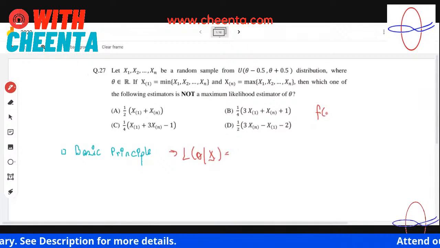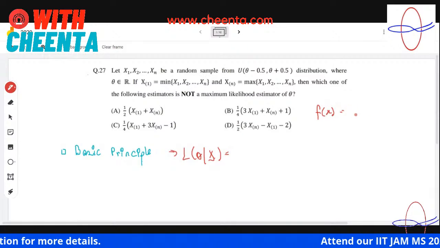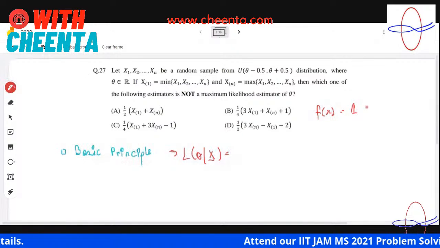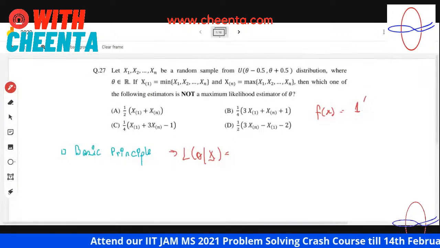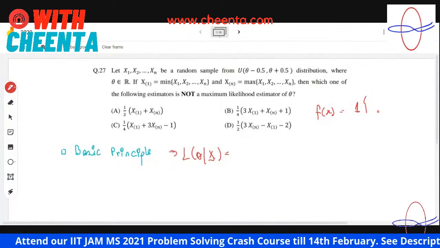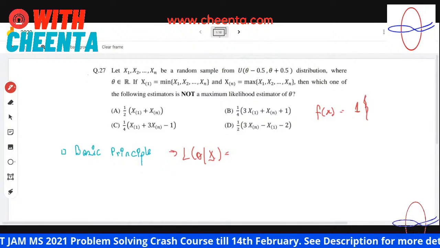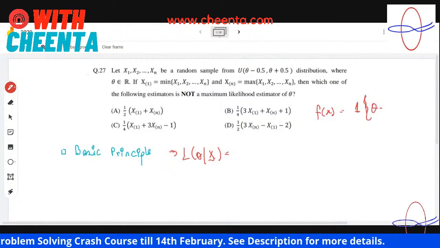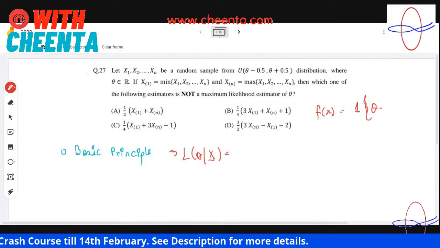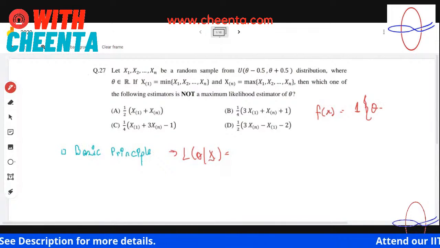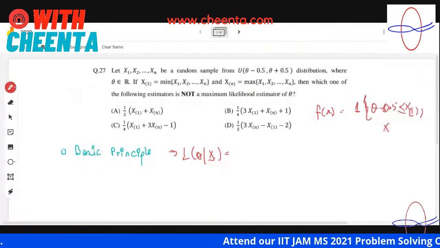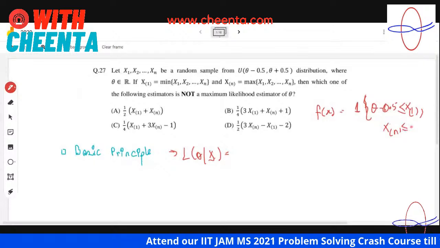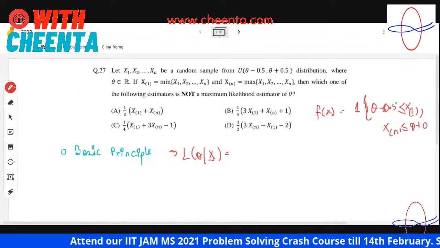How can we write it? f of x is 1 times an indicator: theta minus 0.5 is less than the minimum, the first order statistic, and xn, the maximum order statistic, is less than theta plus 0.5.